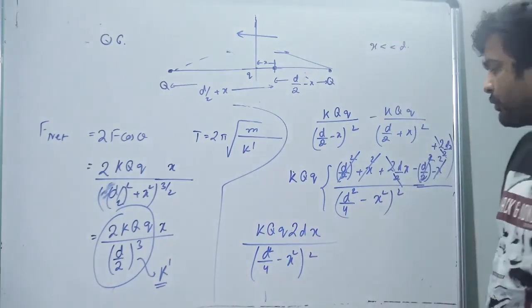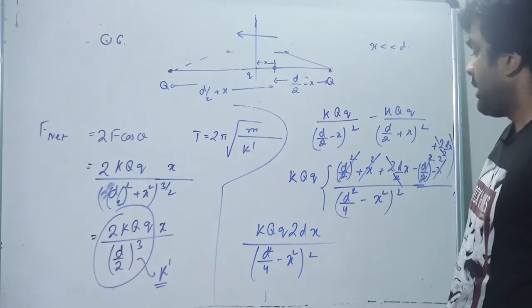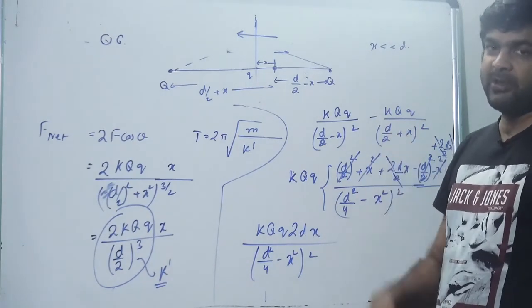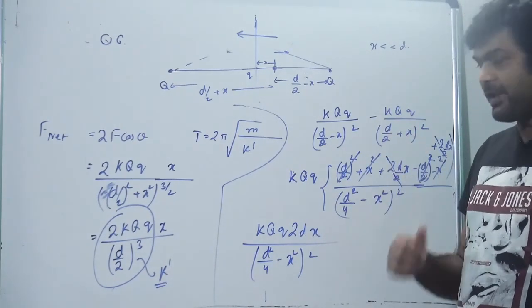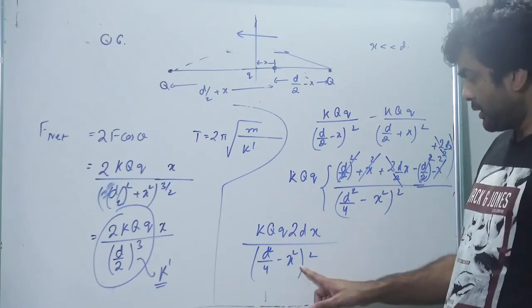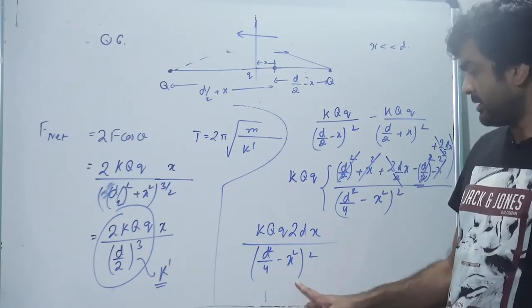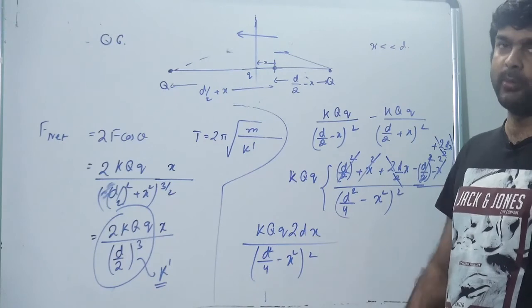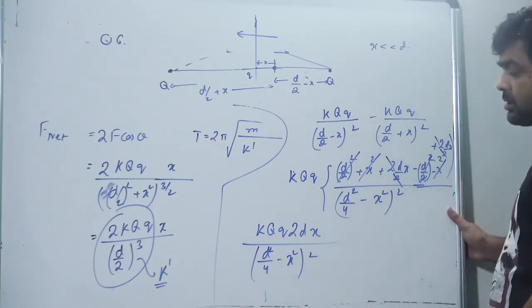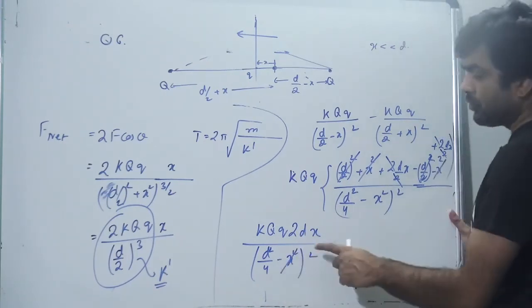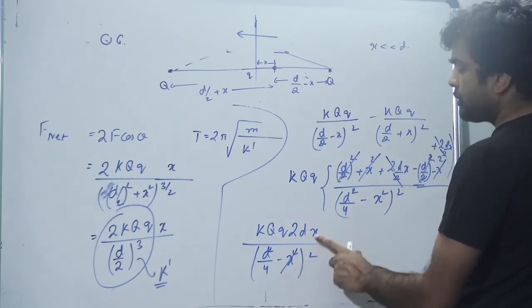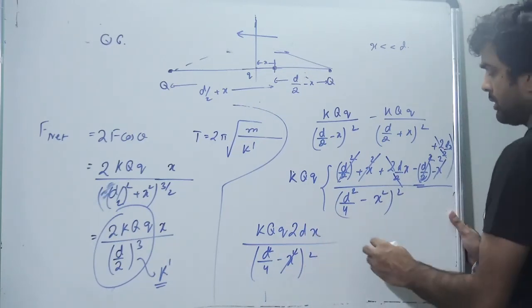This will be the net force for small displacement x. Again, we can ignore x in the denominator because it is in subtraction in the denominator. So if we ignore this, the force will come out to be directly proportional to x.